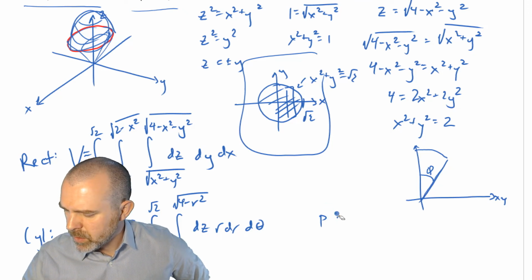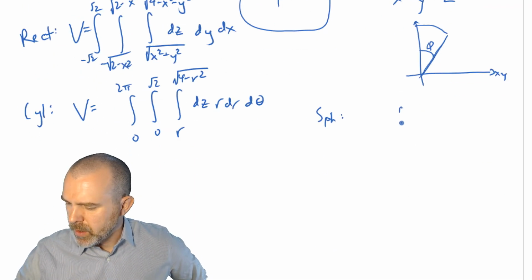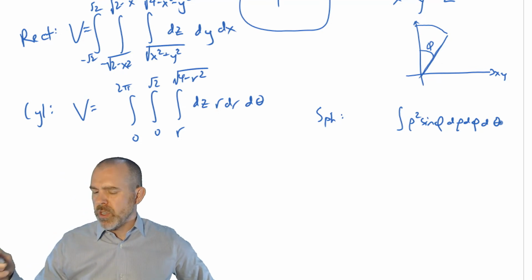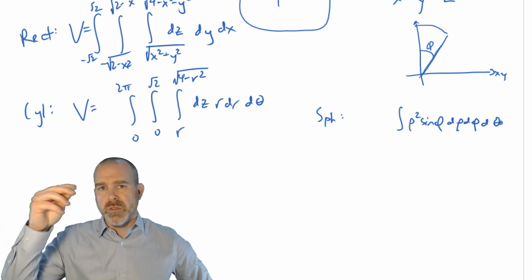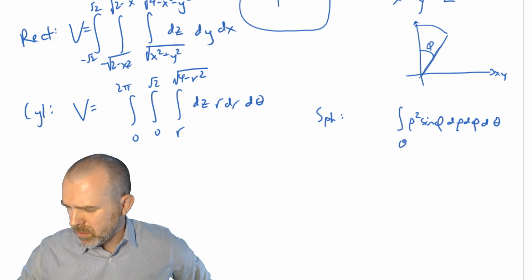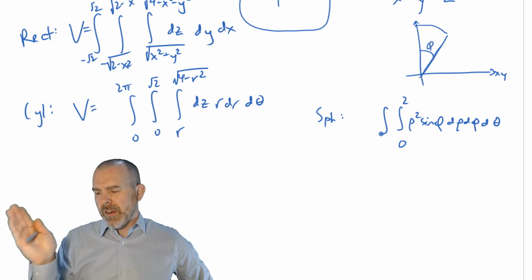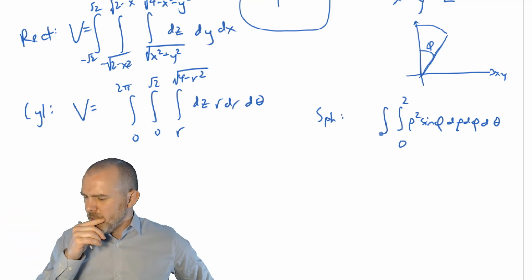So rho, we have rho squared sine phi d rho d phi d theta. Rho goes just from 0 to 2. Interesting. Okay, then phi, we have to figure out where they intersect, right?